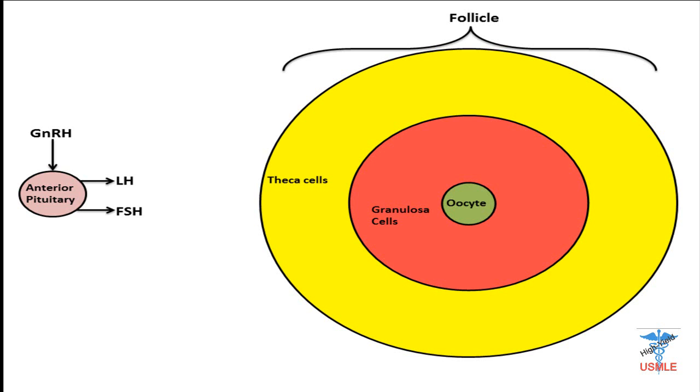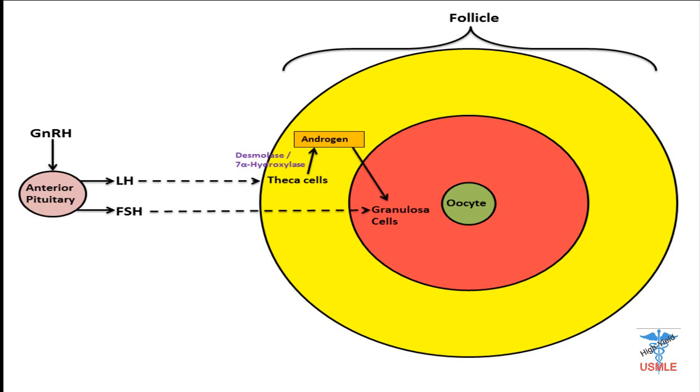As we said, LH is going to work on the theca cells, and theca cells are going to start synthesizing androgen using the enzyme desmolase, also known as 17-alpha hydroxylase. This androgen is going to go to granulosa cells, and with the help of FSH, which stimulates these granulosa cells, it gets converted into estradiol.